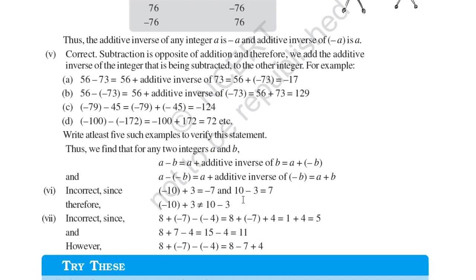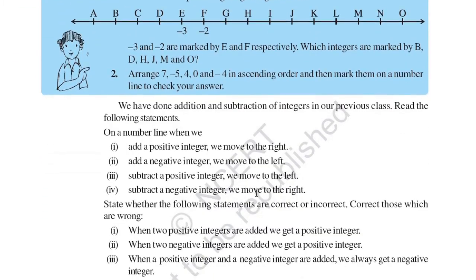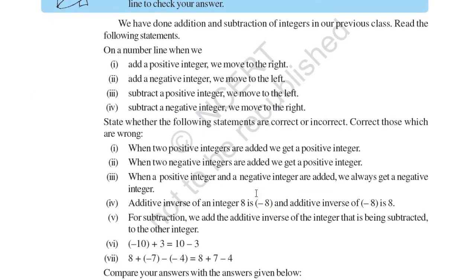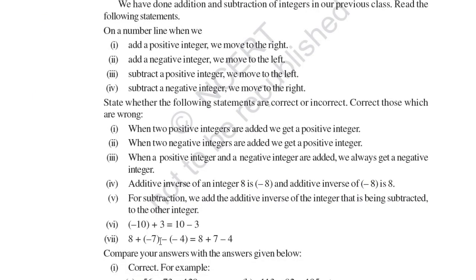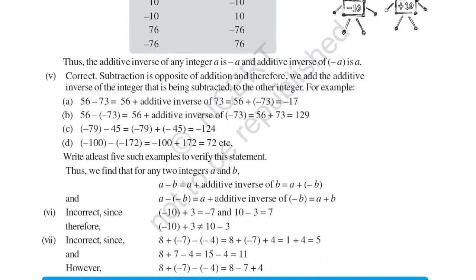What was the sixth statement? Let's see. The sixth statement was minus 10 plus 3 is equal to 10 minus 3. So it is incorrect. Minus 10 plus 3 is equal to minus 7, and 10 minus 3 is 7, as we have discussed above. Therefore minus 10 plus 3 is not equal to 10 minus 3.